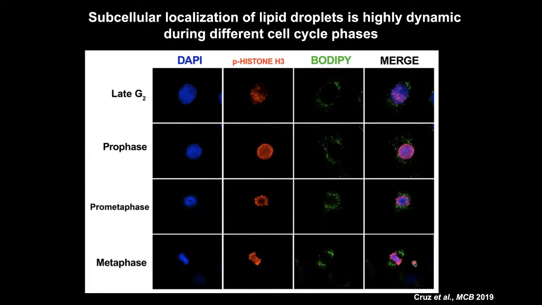We don't know yet what this means, but it looks like the lipid droplets really play a role in the cell cycle.